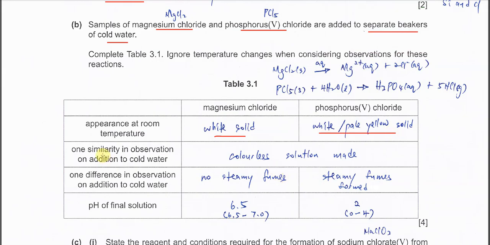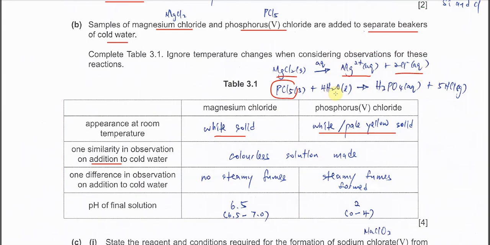One similarity in observation on adding cold water. When magnesium chloride dissolves in water, it forms a clear solution. Same as the PCl5. Magnesium chloride when dissolved in water forms ions, and of course is colorless.